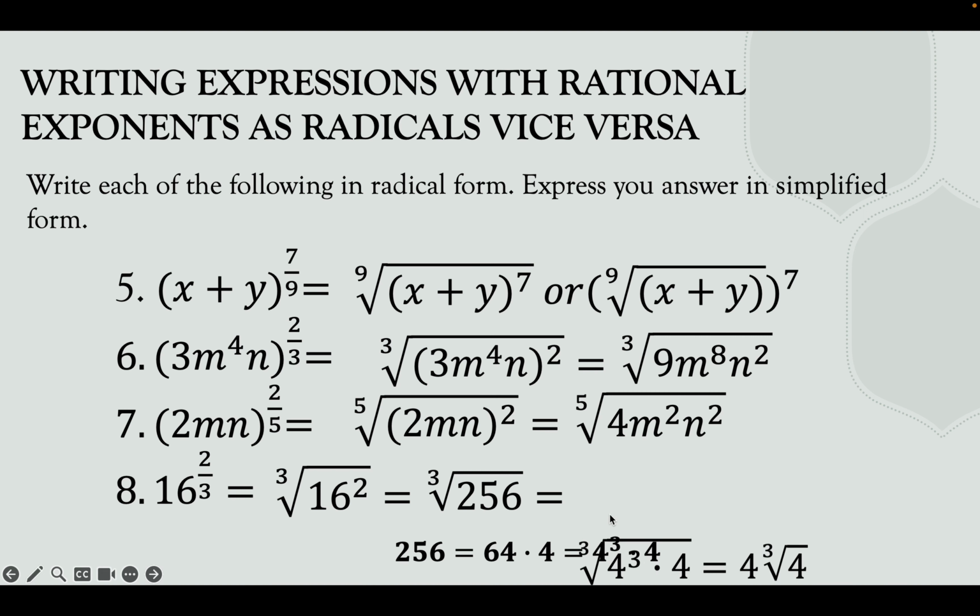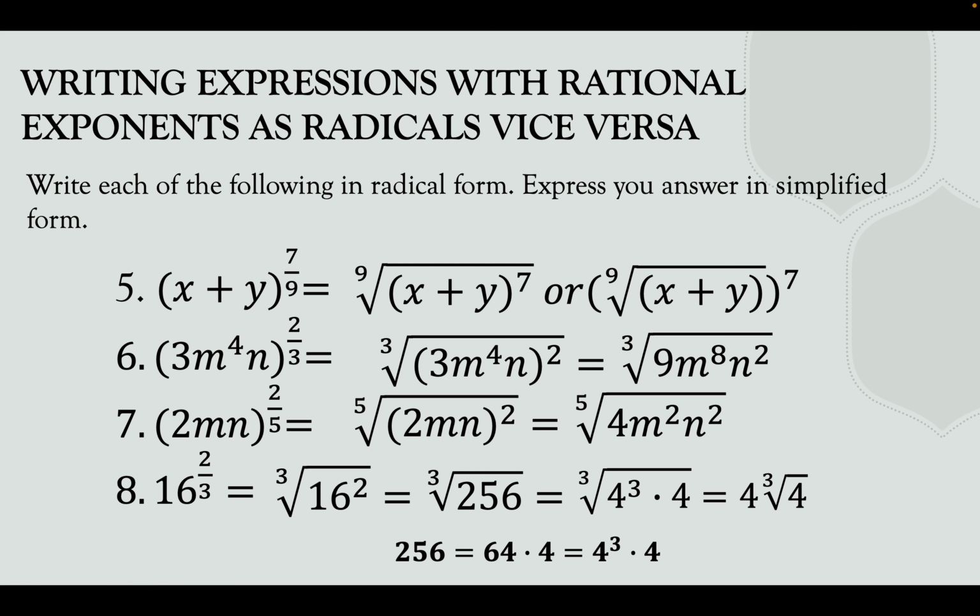It's the same. Since 4 raised to 3 can be simplified, the cube root of 4 raised to 3, we can take that out. So we have 4, and the remaining value in the radical is the cube root of 4. So the final answer is 4 cube root of 4.